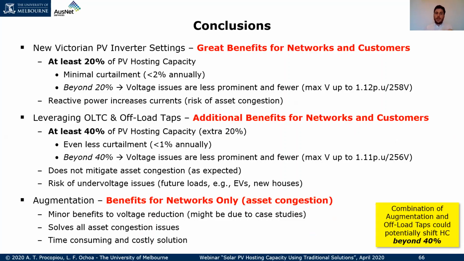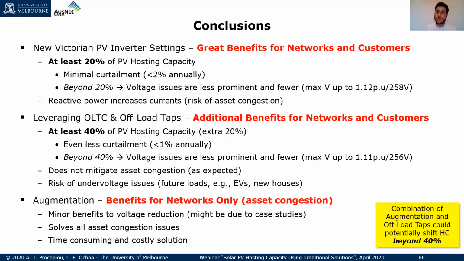And this is done with minimal curtailment, which means that customers are not affected significantly. So we keep the value for customers when they buy their PV systems and want to generate as much as possible.